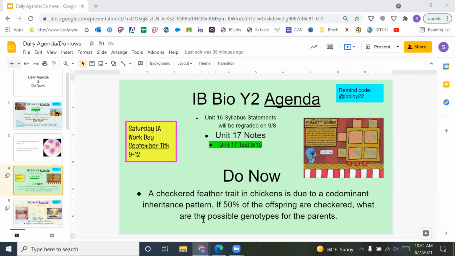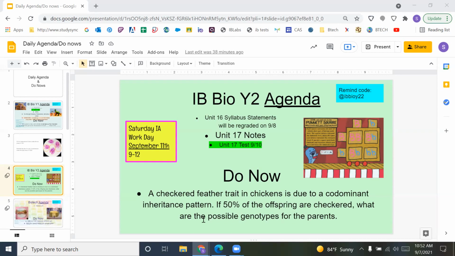CB. Okay. So then what can we put here? A black and a white? Yes. Okay. So we still have our 50%.